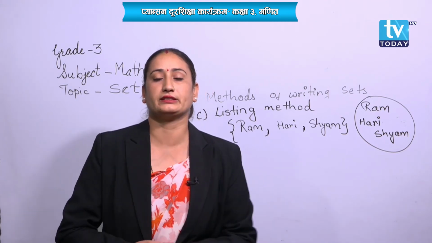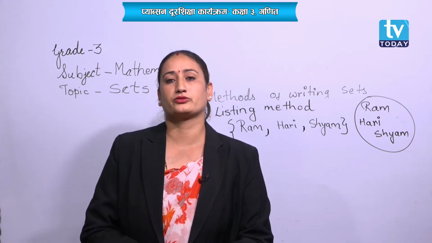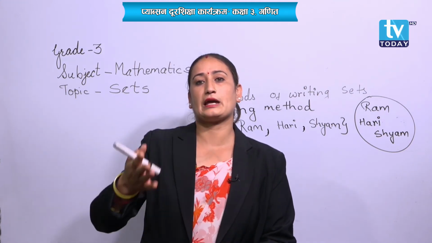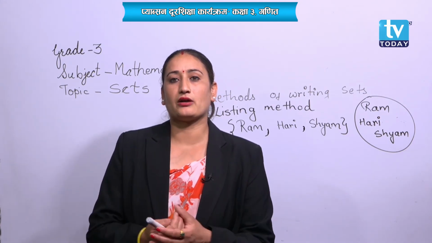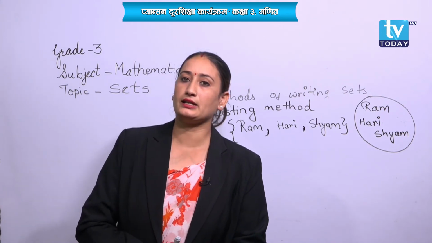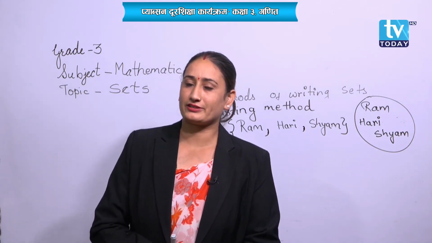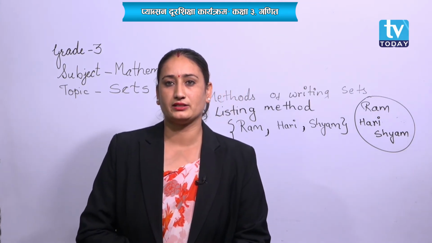Second is to describe through words, and write in words. And last is listing out the members of that set. Done? Now, after this, we have to practice some exercises on it, right?